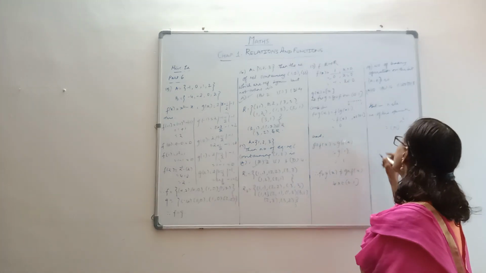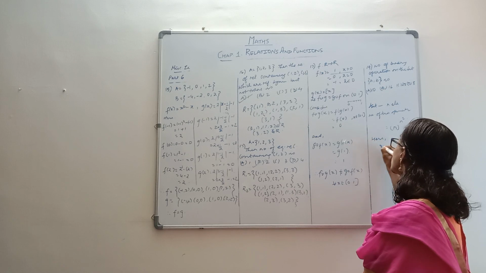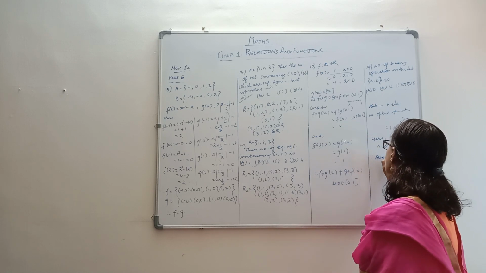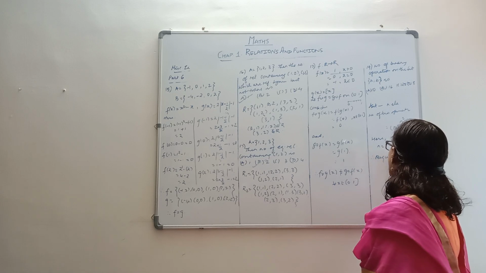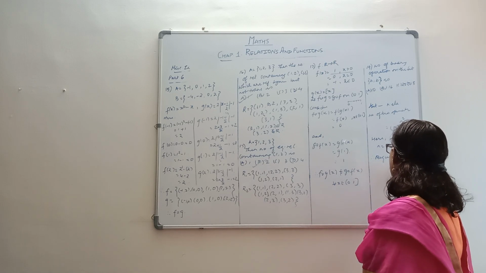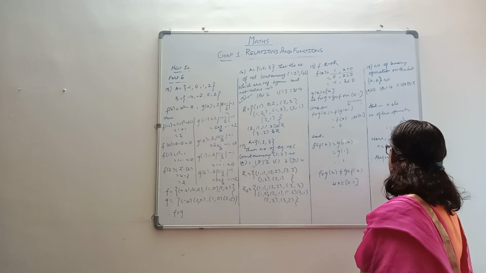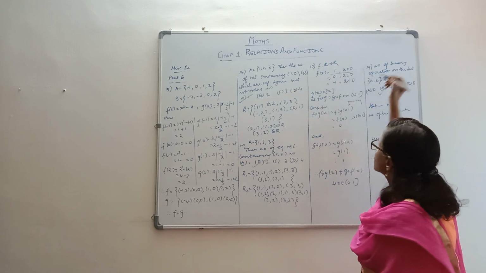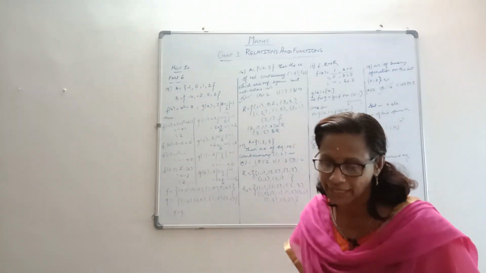So here this n value is 2. Therefore the required number is 2 raised to 2 squared. How much will that come to? 2 squared is 4, so 2 raised to 4, that is 16. Our answer is 16. So that's how the answer comes up.